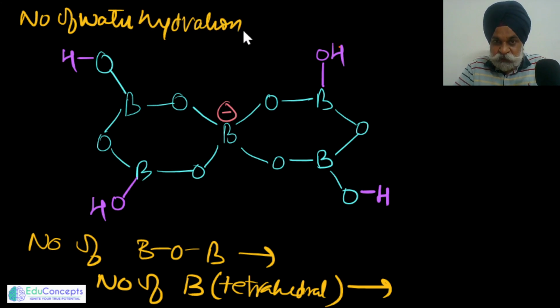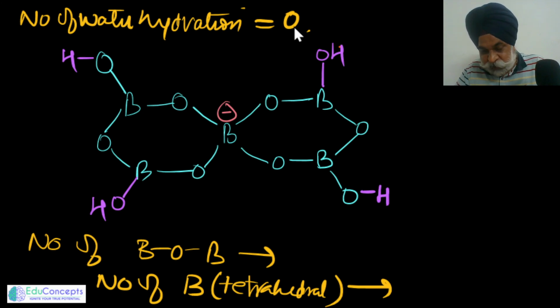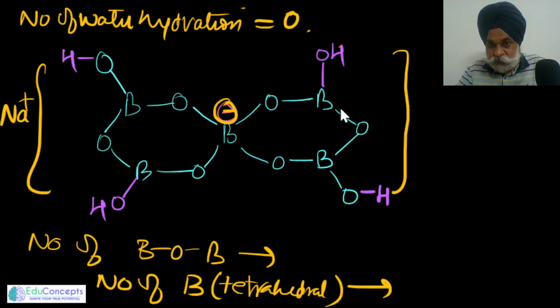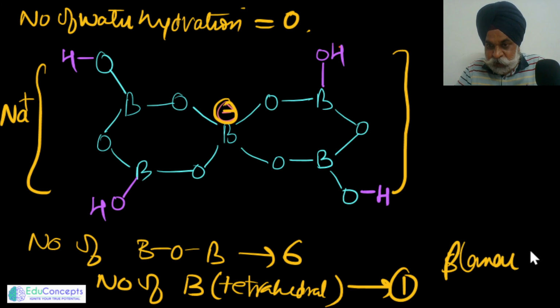So number of water of hydration happens to come out to be 0 in this case, because all the water gets consumed, and the counter ion is Na positive, and here you have a negative charge. So number of BOB bonds are 1, 2, 3, 4, 5 and 6, and number of tetrahedral borons is 1, and planar boron atoms are 1, 2, 3, 4. So 4 are the planar boron atoms.